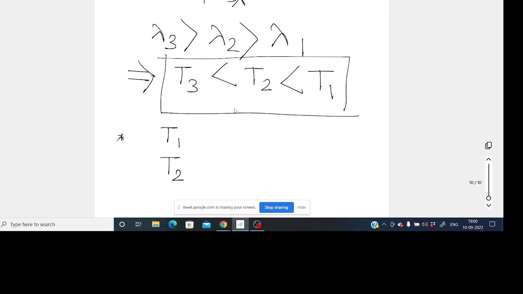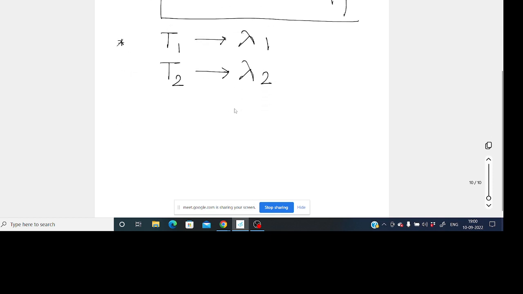Now the energy density is maximum at temperature T1 at wavelength lambda 1, and at temperature T2 the energy density is maximum at wavelength lambda 2. Then we have lambda 1 into T1 equal to lambda 2 into T2.